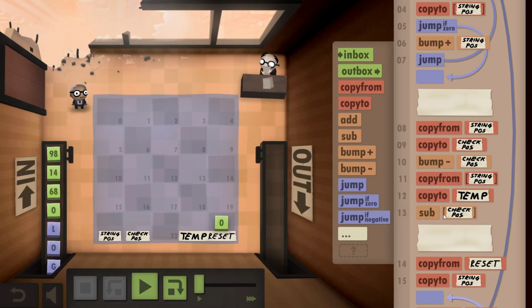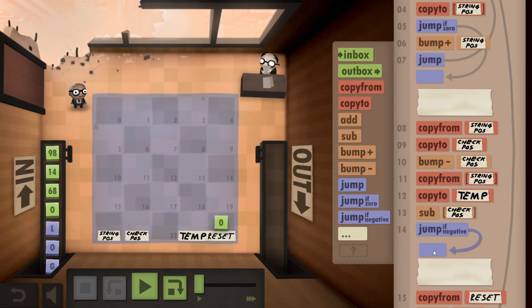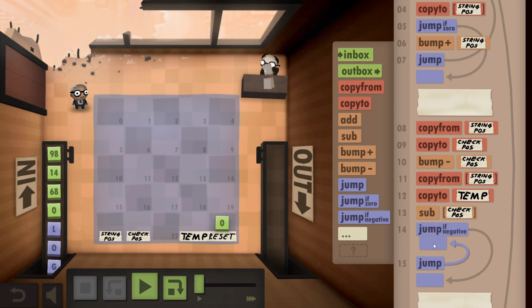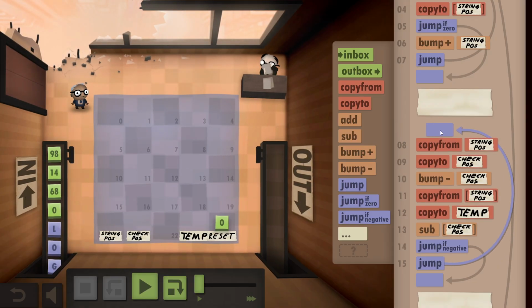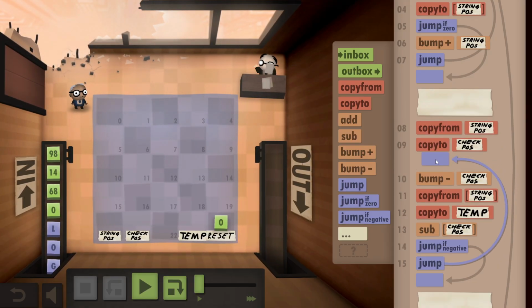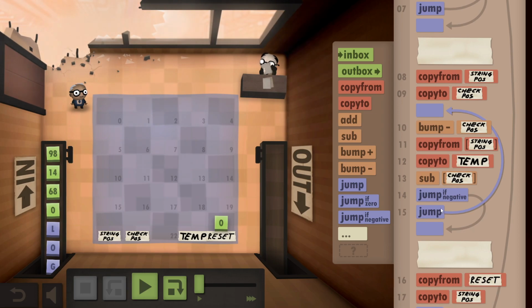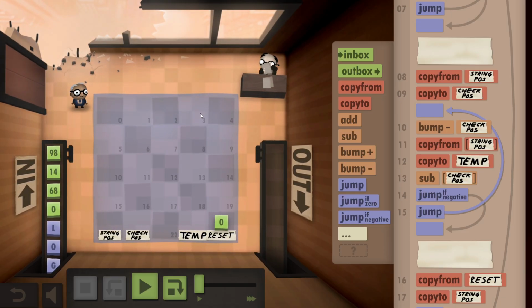Okay. We check it. If it's negative, something, and if it's positive, somewhere. We'll see yet where. If it's negative, that means we need to change it.